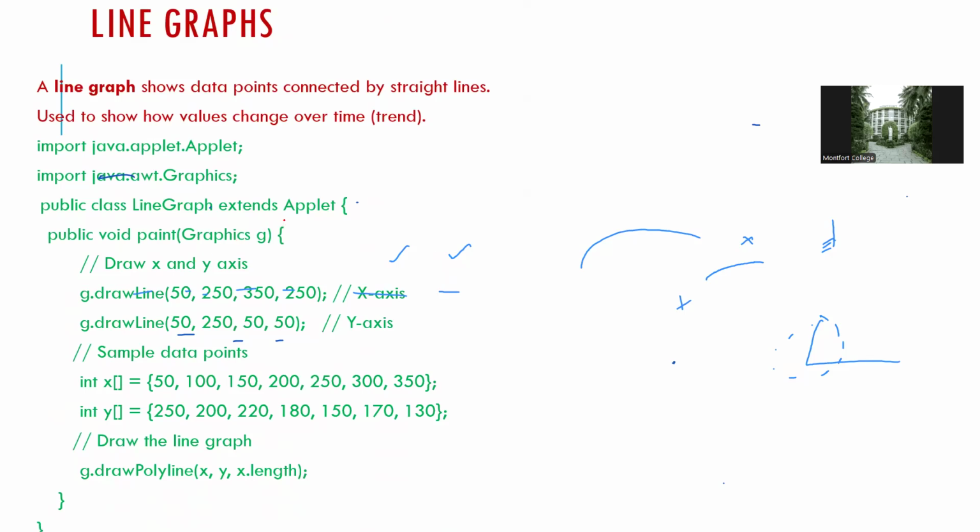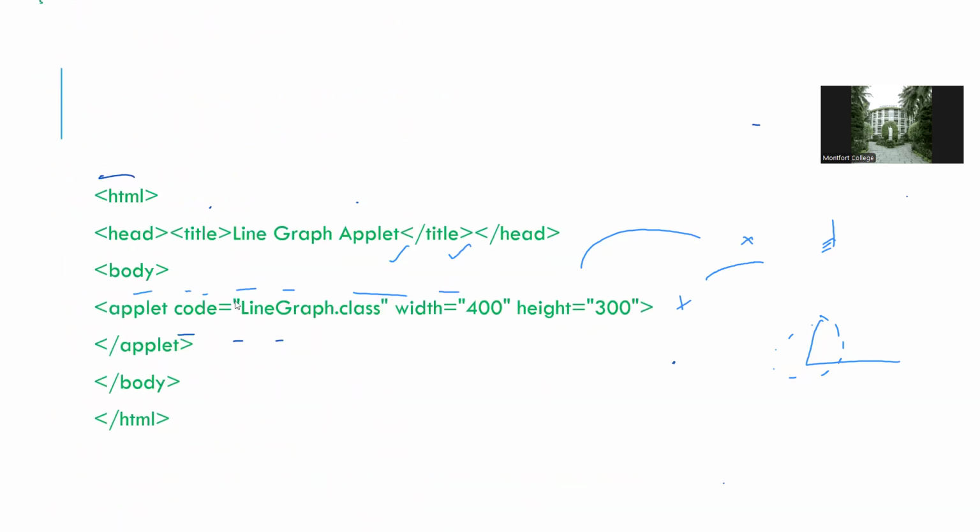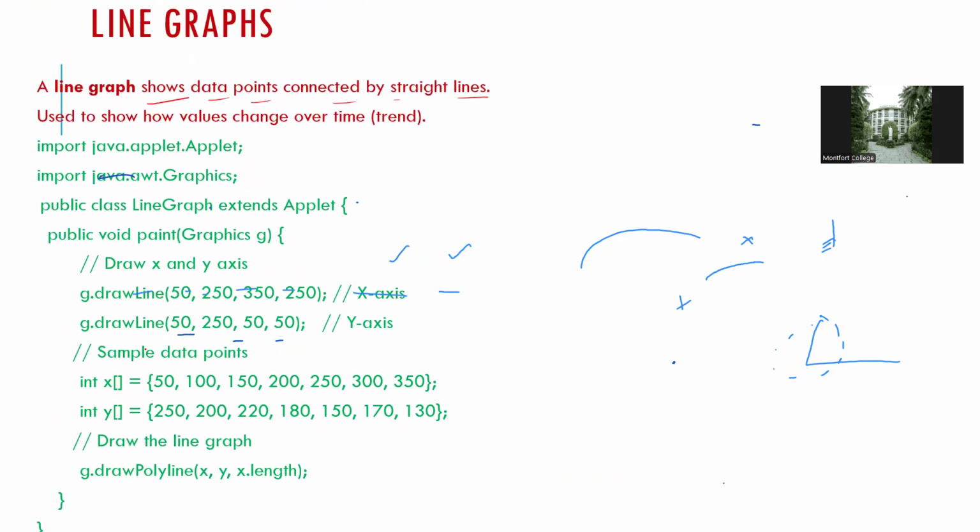In line graphs, a line graph shows data points connected by straight lines. Here I have a set of sample data points: 50, 100, and some other values. So how is it going to match?